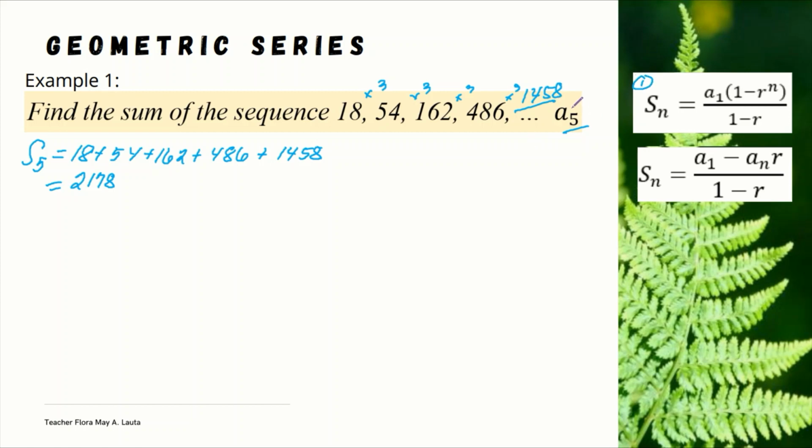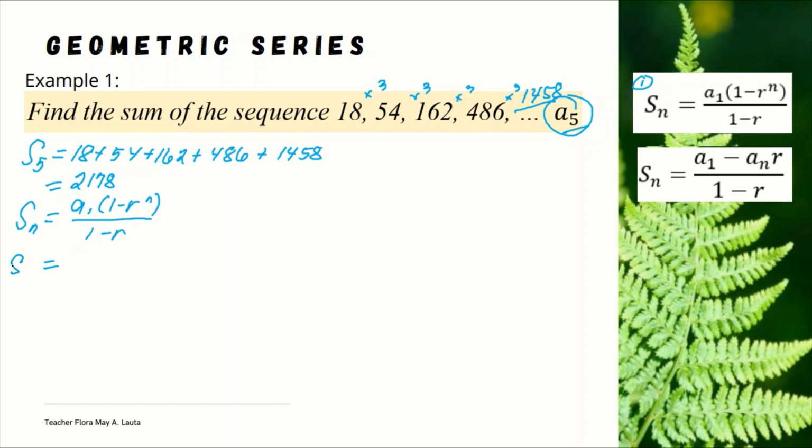Now let's try to use the first formula. Say, for example, we do not know the last term, a sub 5. So let's use the first formula. S sub n is equal to a sub 1 times 1 minus r to the power of n, divided by 1 minus r.